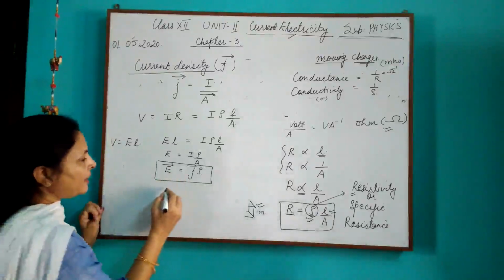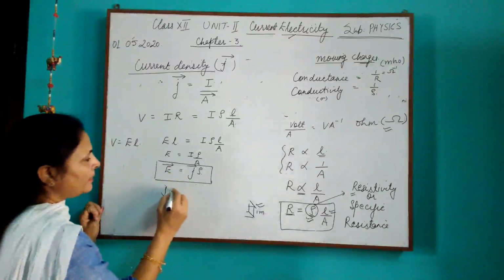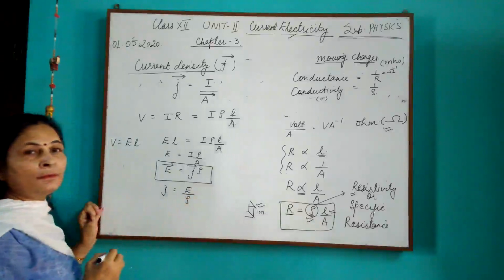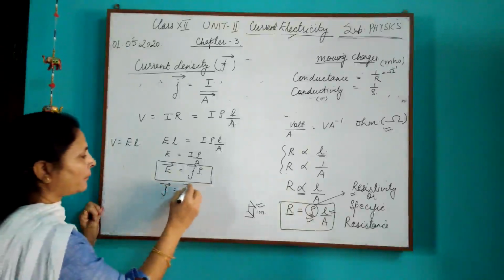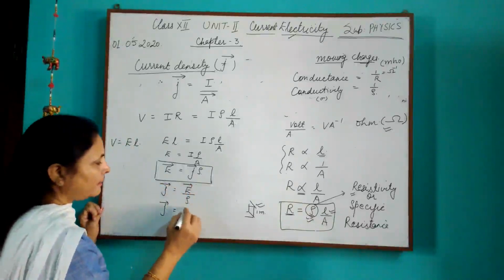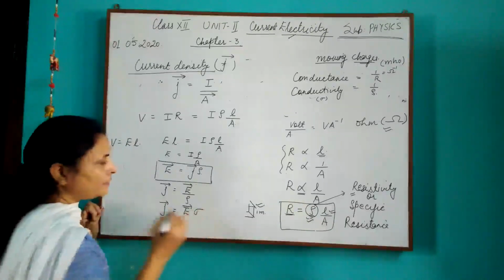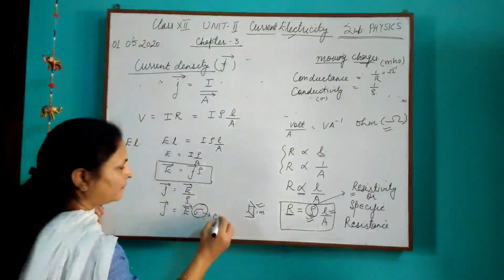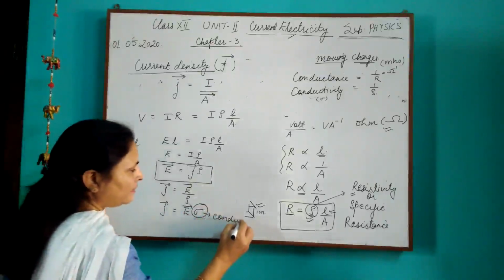This is one relationship between resistivity and current density. We can also write it as J is equal to E upon rho. And this now further can be written as E into sigma. What is sigma? Conductivity.